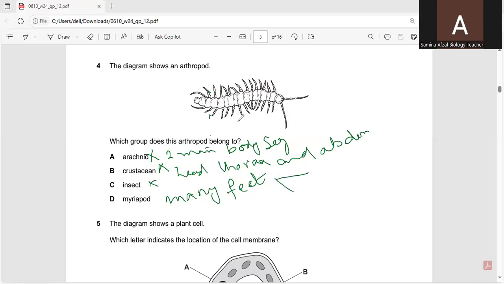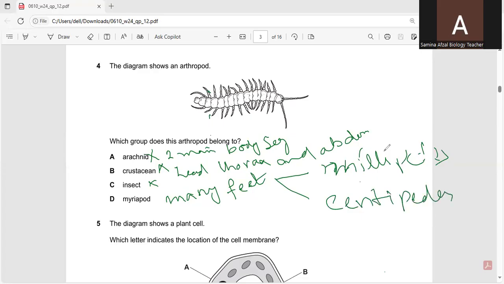They include two types, that is millipedes and centipedes. So based on this information, D is the correct option.